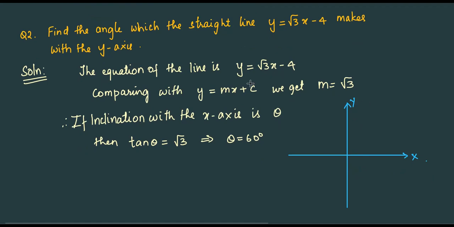So if I want to draw this line accurately, it is 60 degrees inclination with the x-axis, but the y-intercept is minus 4. So it has to be a point somewhere down like this.